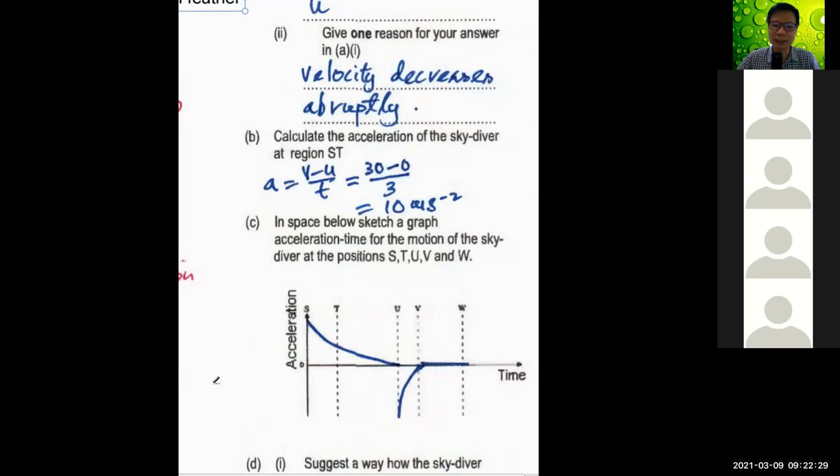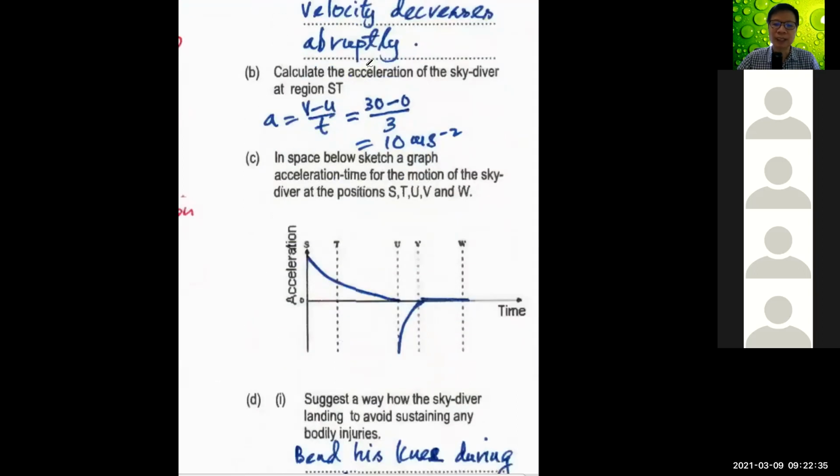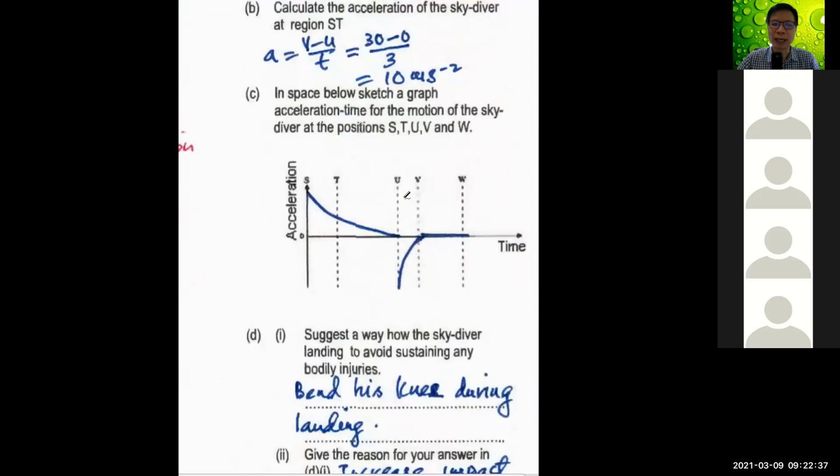And last question. Suggest a way how the skydiver can land to avoid sustaining bodily injury. I showed you the answer already. Bend his knees during landing. You all know, right?